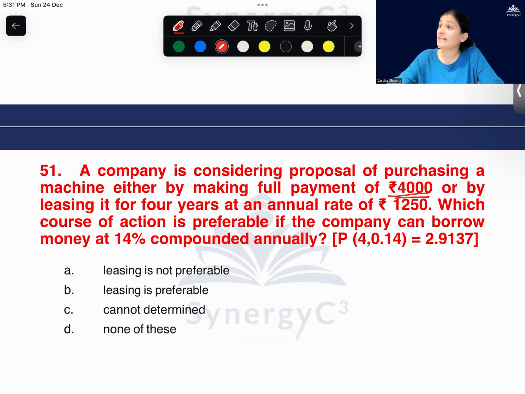But if I think of renting it at an annual rate of 1250 for a period of 4 years, and the accumulated amount for 4 years today, the present value, comes out to be more than 4,000, then it is convenient for us to buy it out. It is costing me less. But if my accumulated rent, calculated today for 4 years, comes out to be less than 4,000, then I should go for leasing it.